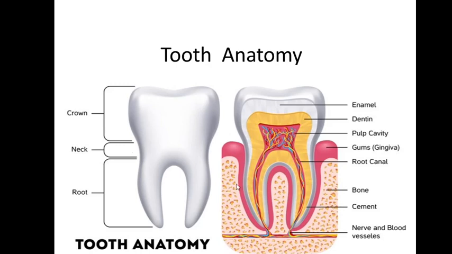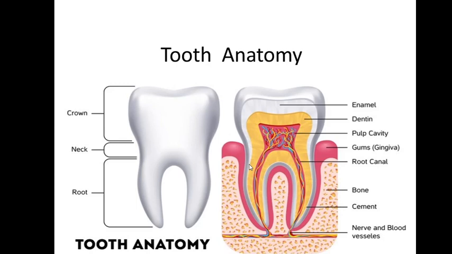It is the place which allows for the attachment of the gingiva or the gums. And this is where the crown enamel layer, the enamel, meets the cementum. Can you see?